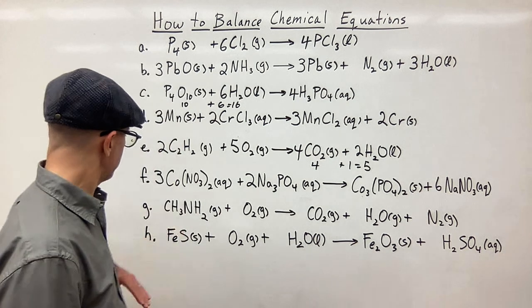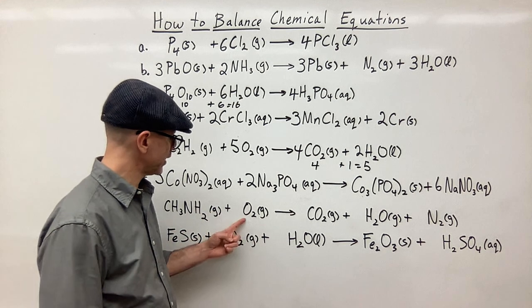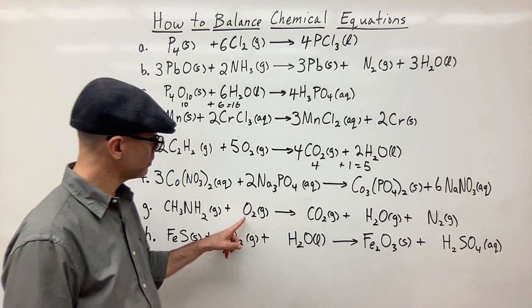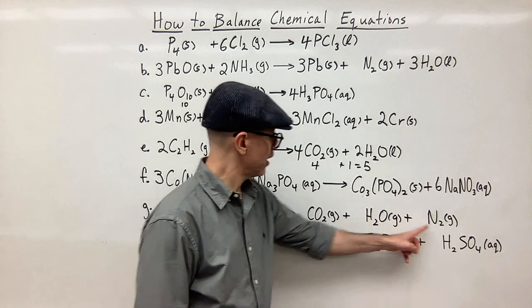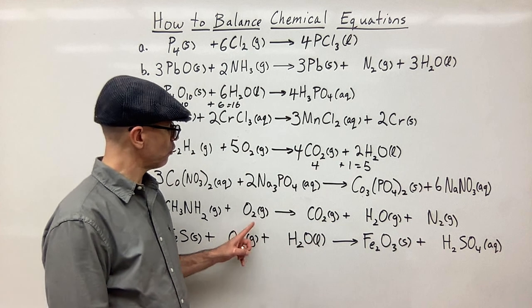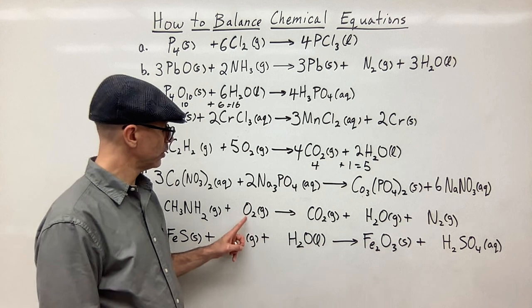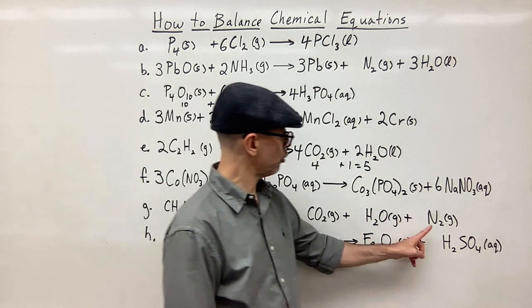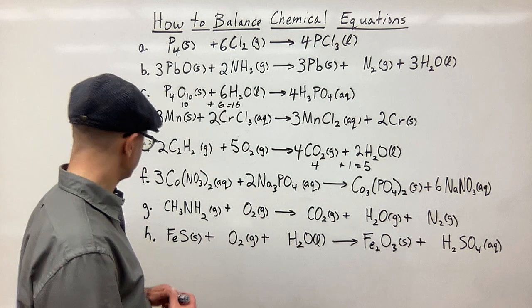So that is correct. So now in this case, notice that I have oxygen all by itself as well, but I also have nitrogen. So if I'm going to pick one of these, then I would leave oxygen for last. So remember, oxygen is normally left for last if you can. So in this case, I will balance nitrogen first and leave oxygen for last.